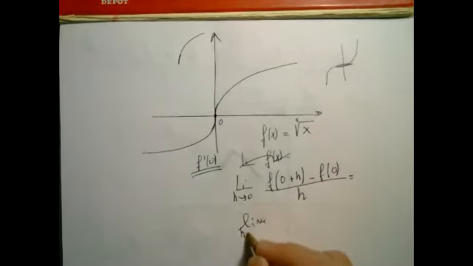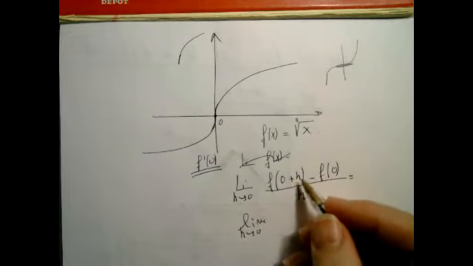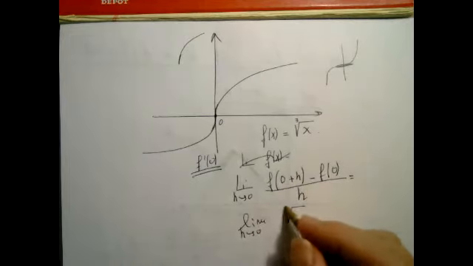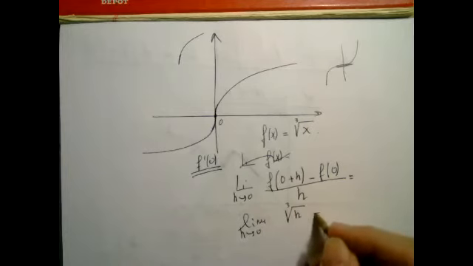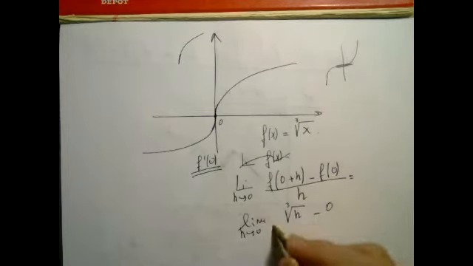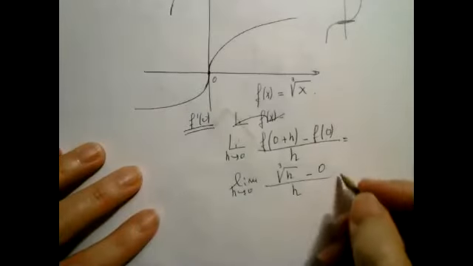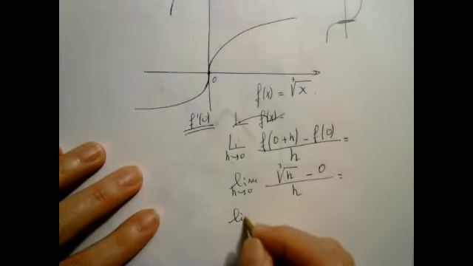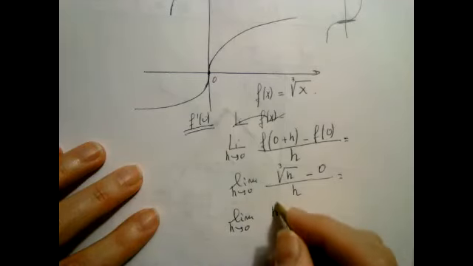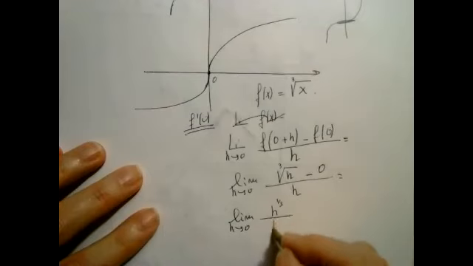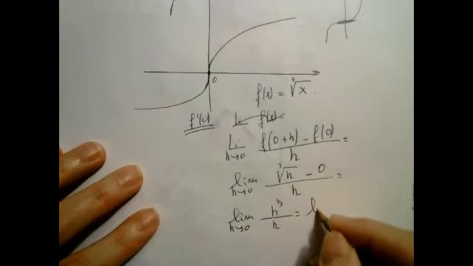So it's the limit as h goes to 0 of f of 0 plus h, which is f of h, the cubic root of h, minus f of 0, which is 0, divided by h. So it's not a made-up scenario. That's why we have to make sure that I'm not making things up. The cubic root is h to the power of a third, divided by h. So it's the limit as h goes to 0 of.